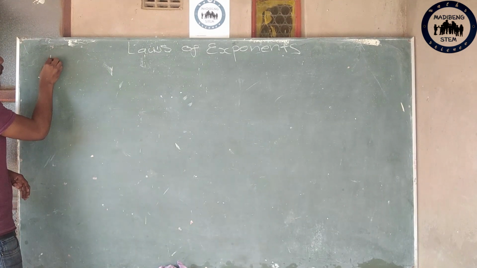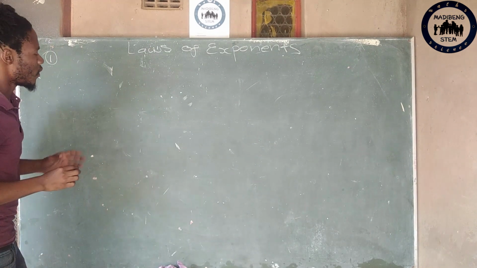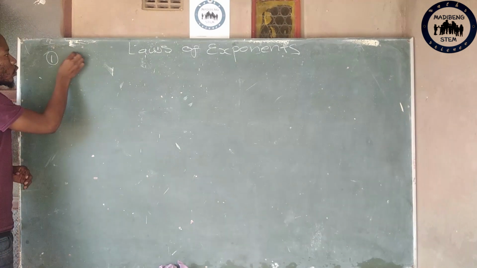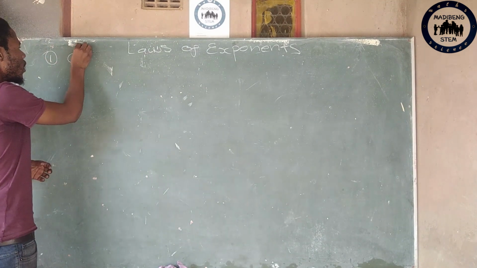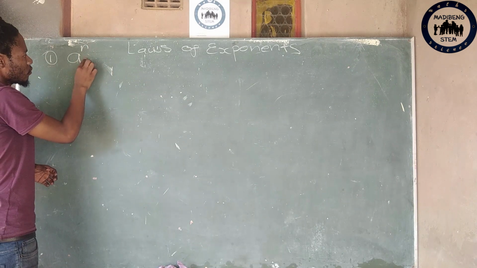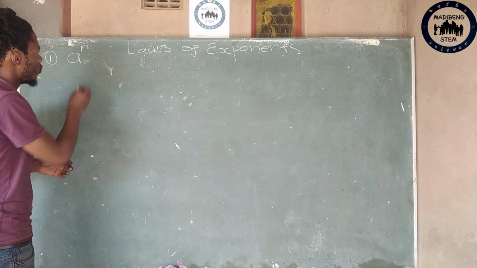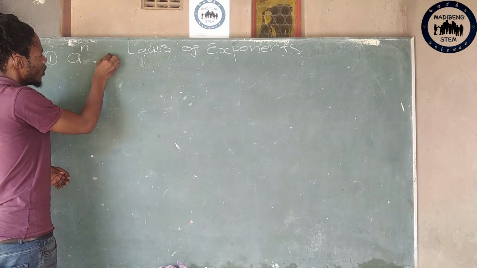First law of exponent. When you multiply powers of the same base, you add your exponents. Let me say a to the power n times a to the power m.